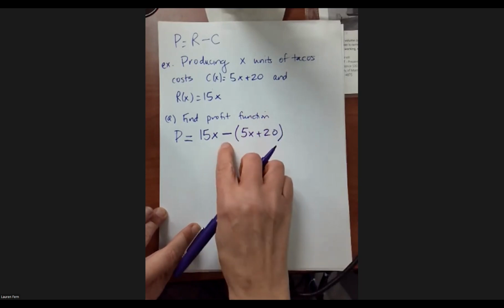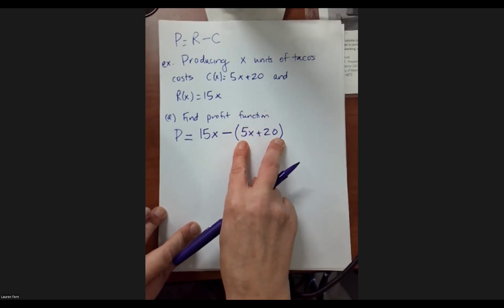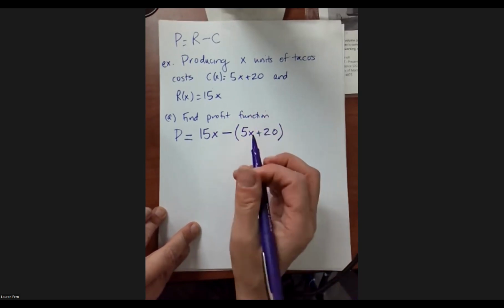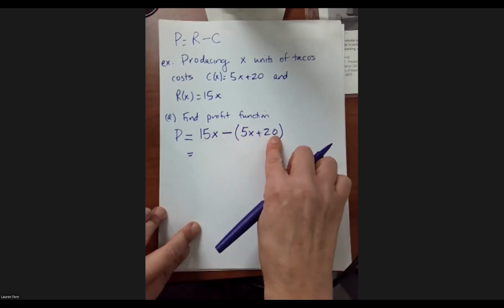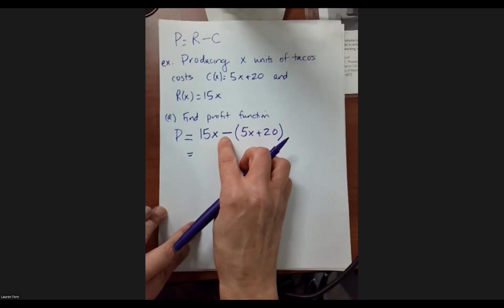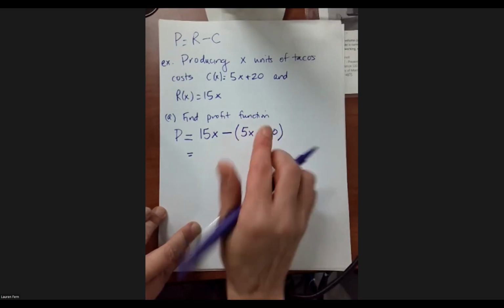And what does that mean? It means you need parentheses around your entire cost function. Okay. That's really important. Now what we're going to do is simplify our right-hand side, which means we're going to distribute this negative sign throughout our parentheses.